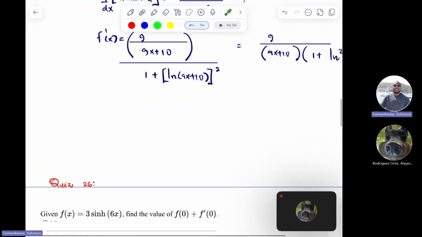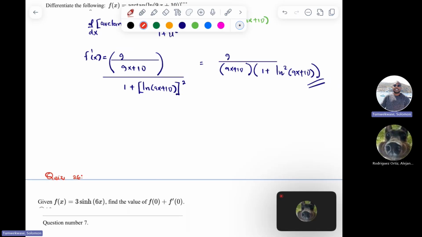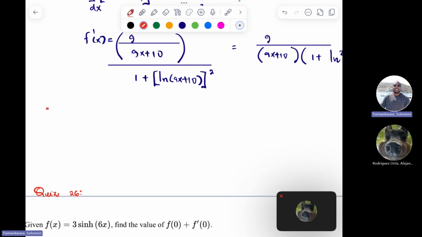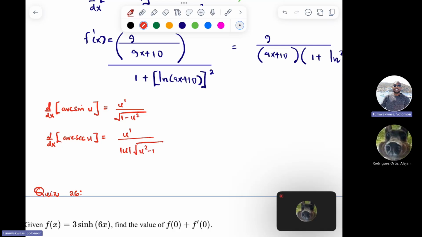Maybe just a quick one. Let me remind you, in case you come back to look at this, d dx of arcsine of u is u prime over the square root of 1 minus u squared. d dx of arcsec u is u prime over u times the square root of u squared minus 1.